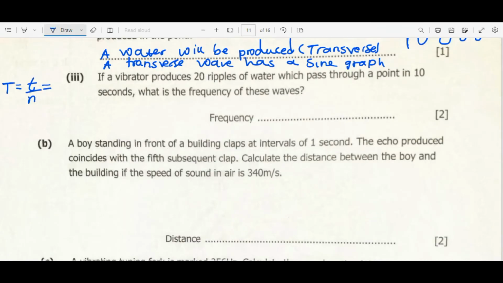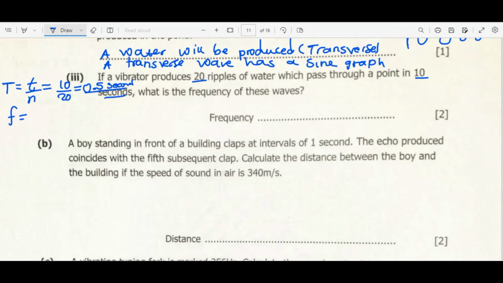The time taken we are given is 10 seconds divided by the number of ripples, which was 20. So if we divide 10 by 20, we get 0.5 seconds, which simply means that for every 0.5 seconds, one ripple was produced.